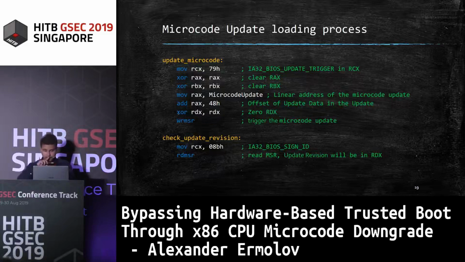Also, you can check the revision that was actually applied by reading the other MSR mentioned here. It will return the revision ID of the update in the RDX register.